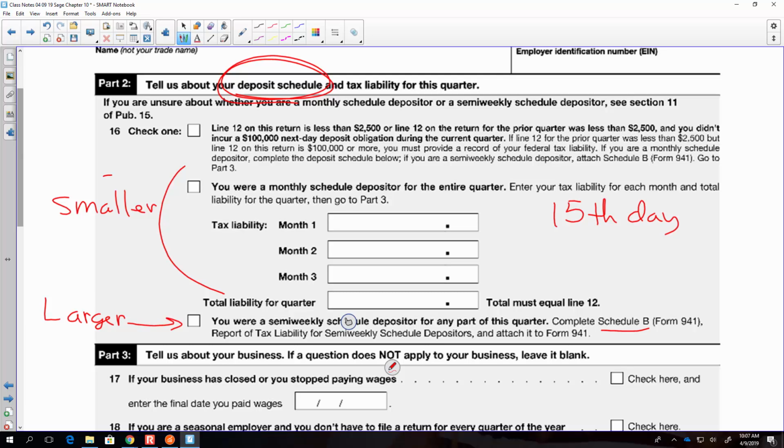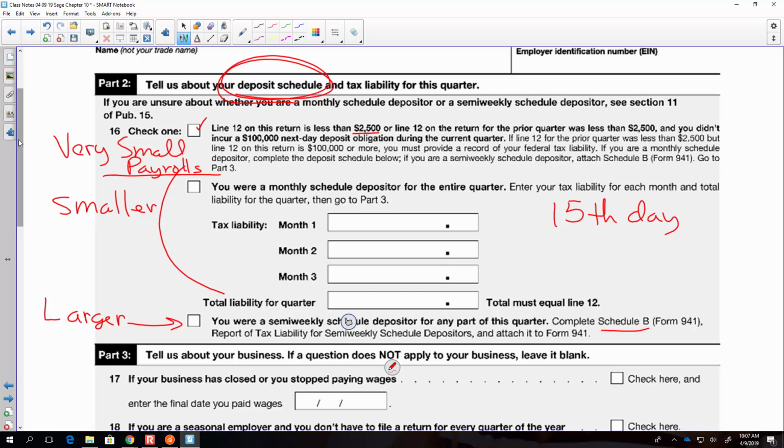And if you're below 2,500, you possibly could be in here. This is very small payrolls. Like a mom and pop. Yes. Yep.